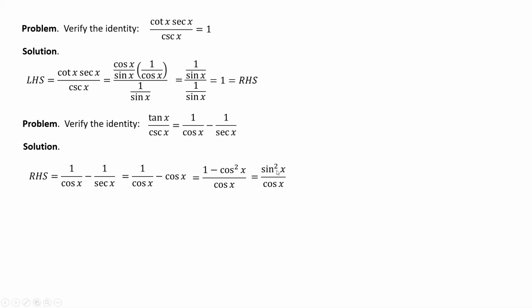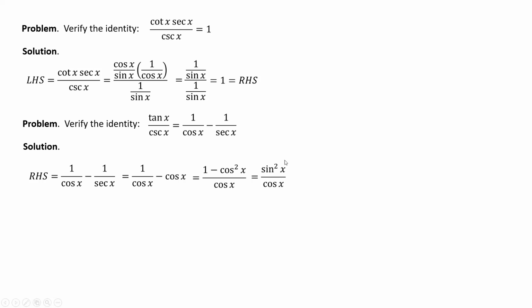So sine square x can be written as sine x times sine x. You agree with that? A square can be written as a times a. So sine square x can be written as sine x times sine x, and one of those sine x's, let's pair that with this cosine x, and that just becomes tangent x. Cool. Okay. I get tangent x, but there's another times sine x still left over, right?